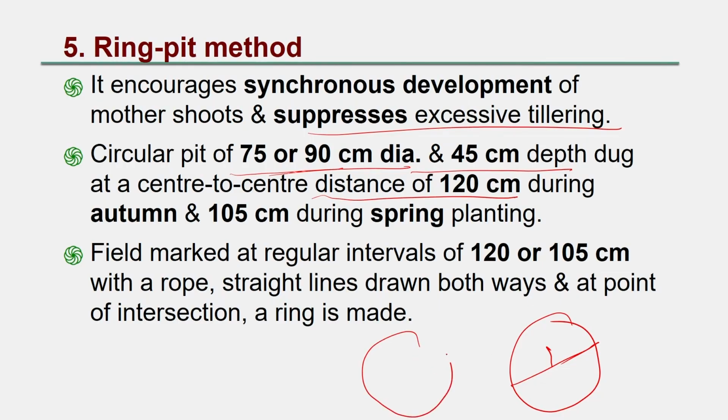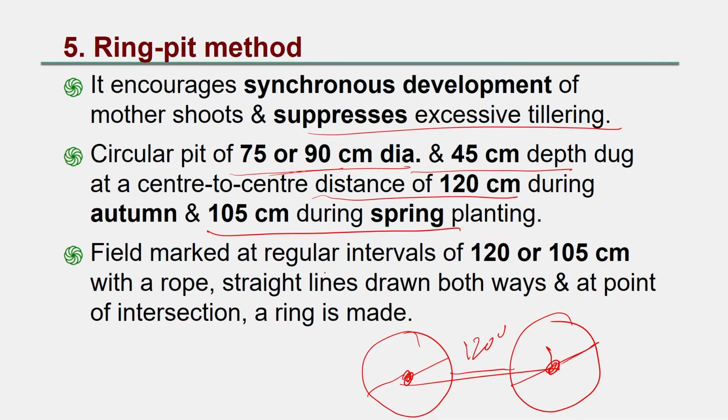Means suppose there is one more pit. So the distance from the center of this pit to the center of this pit should be about 120 centimeter during autumn and 105 centimeter during spring planting.